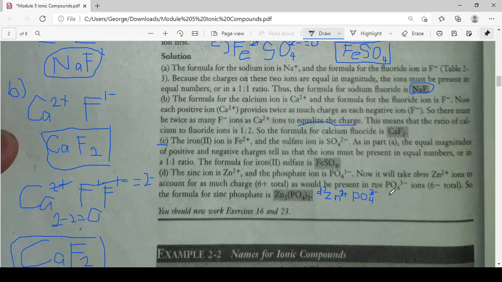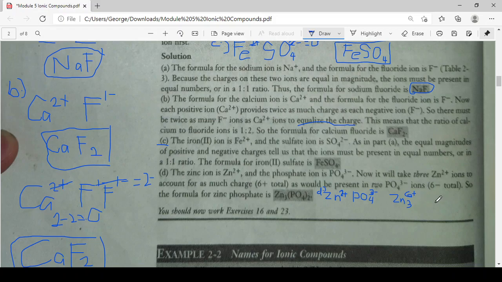So, you now have Zn3. Kaya again, 2 times 3 is equal to a 6 positive charge.